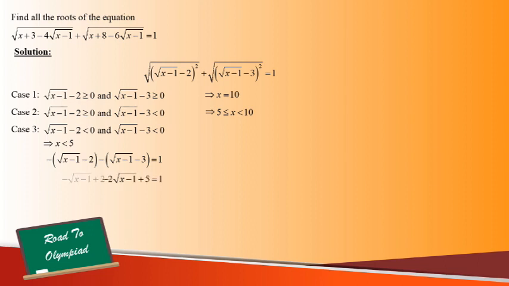This simplifies to x is equal to 5. However, with the given condition x is less than 5, x is equal to 5 cannot be a solution. So there is no solution for case 3.